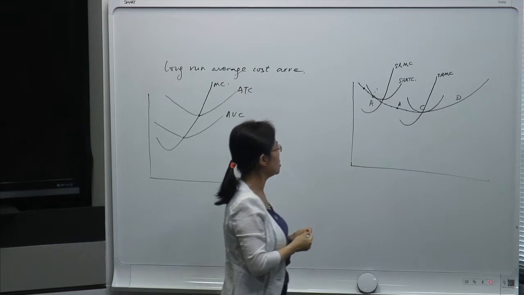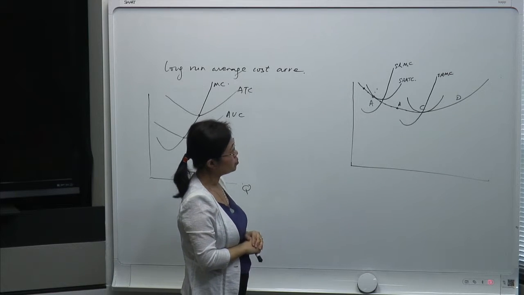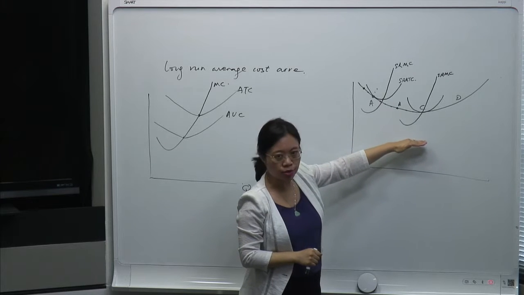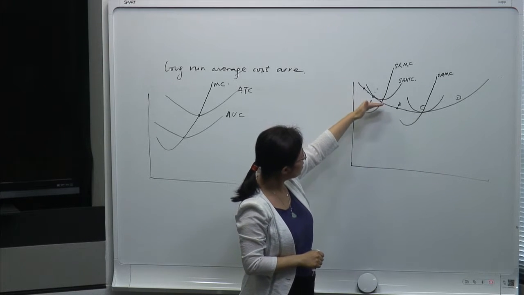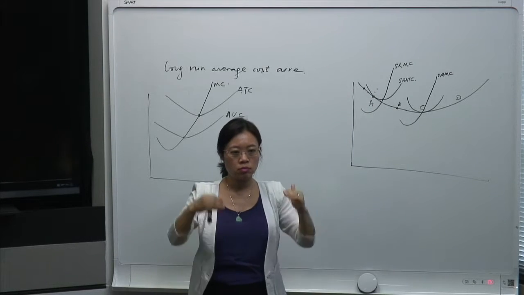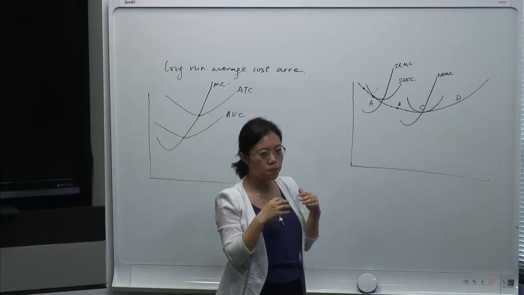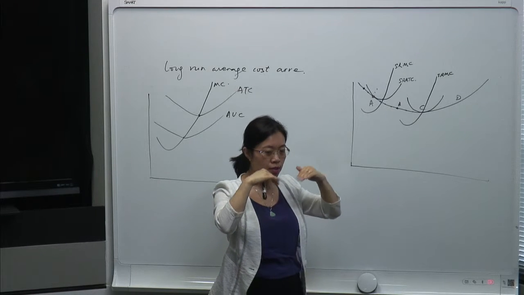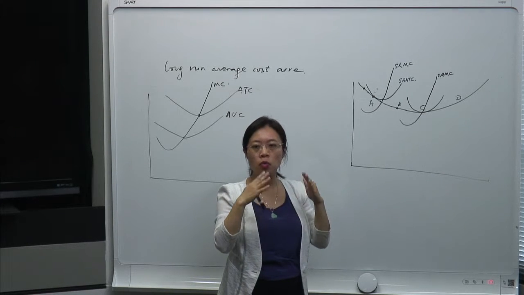Let me ask you this. As we move in this direction, what's happening to this short-run average cost curve? It's moving, right? Moving where? Moving down or moving up?